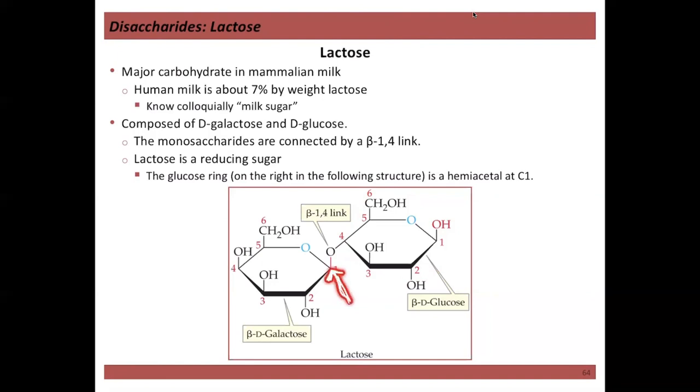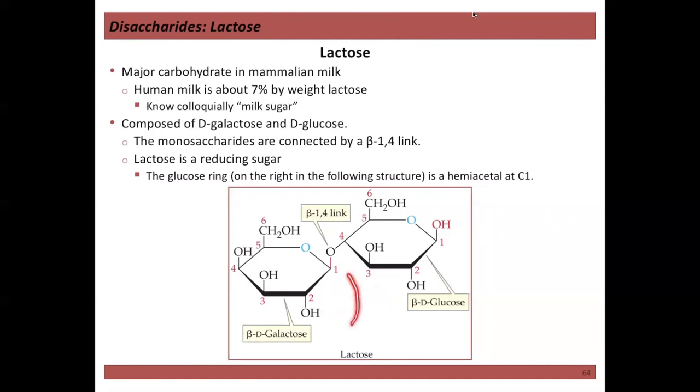So again, when we classify this, we tend to go from the anomeric carbon to the fixed carbon when we're numbering. And so again, we classify this as a beta, and it's at carbon 1 to carbon 4. So that is lactose, known as milk sugar.